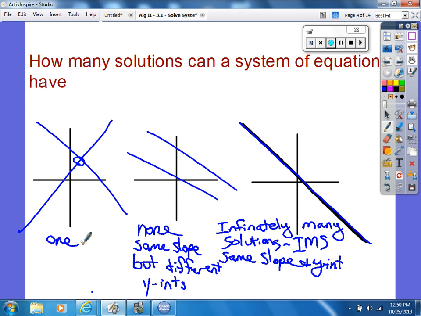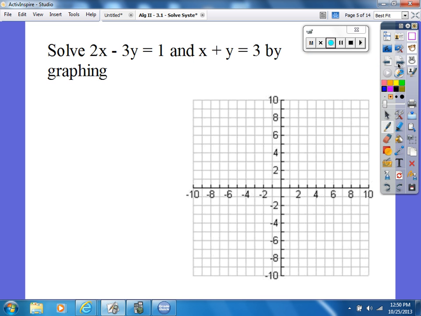Okay, let's do one graphing problem then together. So, here is my lovely problem. And I have two equations. Before I can graph it, what do I need to do? It's good.